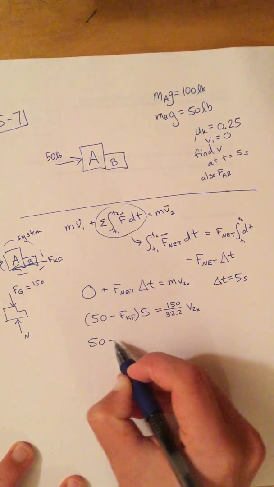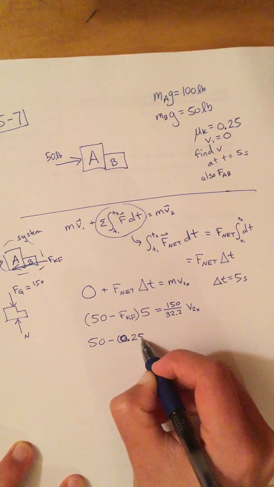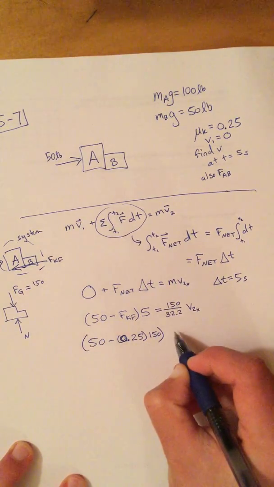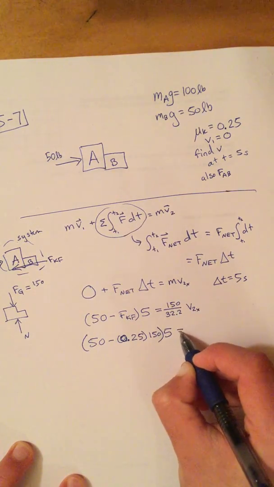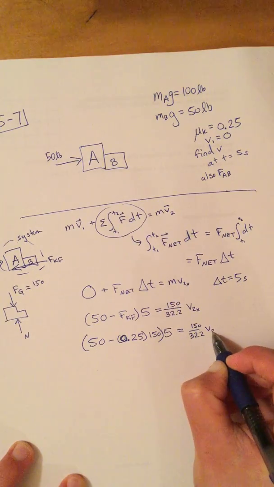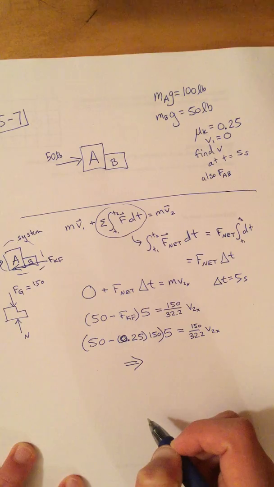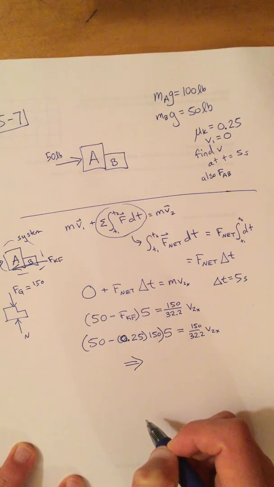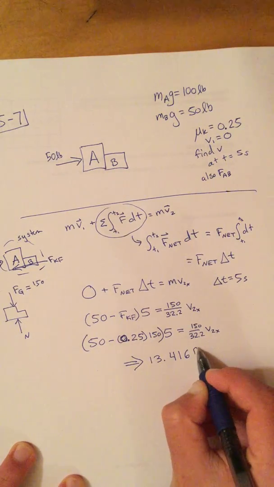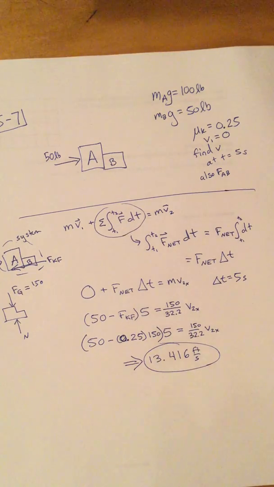So this would be 50 minus the force of kinetic friction. That's our net force, times delta t is equal to 150 divided by 32.2 times V2x. We can solve for V2x, and we get 13.416 feet per second for the speed at 5 seconds.